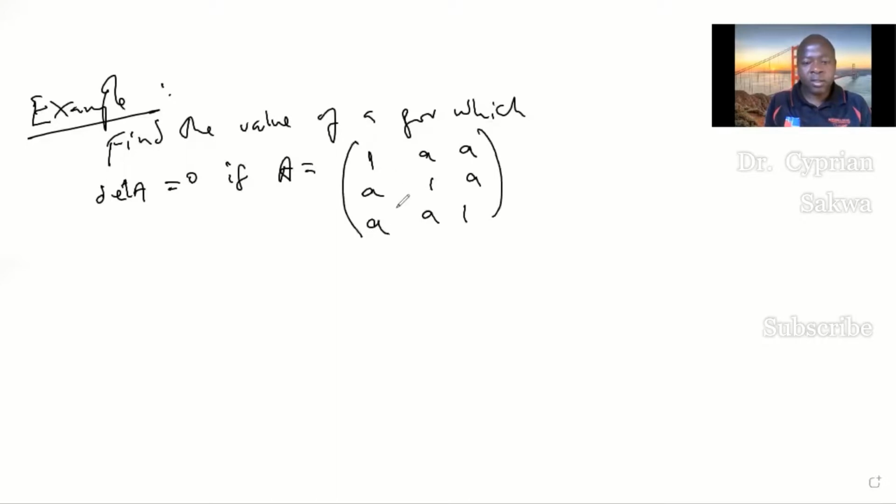So the question is, what will be the value of R so that the determinant of this matrix will be 0?